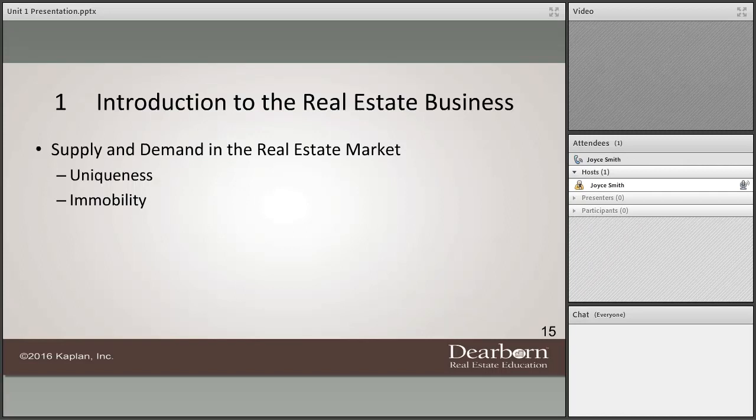Real estate is also immobile. This is not one of those Texas take-the-house-and-move-it-somewhere kind of things, but the land itself is immobile. Yes, we can build the house, and we can pick up the house or the building and move it off the land to another place, but the land itself is immobile. We used to say that it was also indestructible, and for the most part, real estate is indestructible.